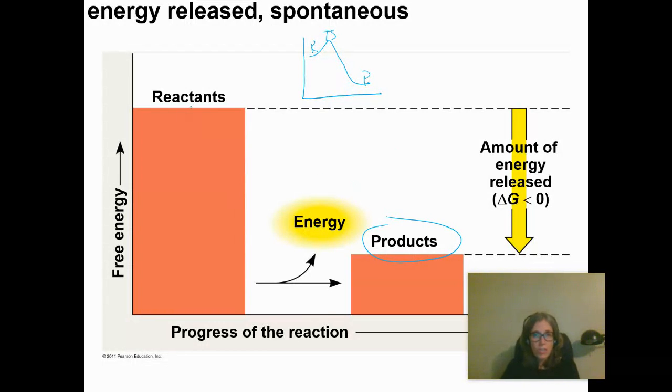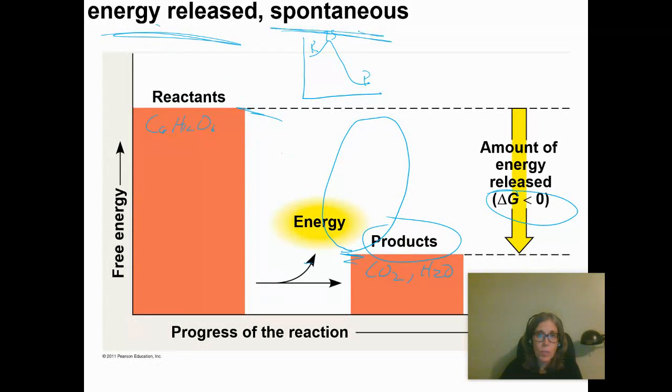So if you have a reactant with lots of energy, like for example, glucose, and you end up with products with less energy, there's a lot of energy between here and here. All that energy can be used to do something else. We call that free energy, which is a little bit beyond the scope, but I do want you to understand, if you see this graph, I want you to know that energy has been released. So this is an energy releasing reaction.